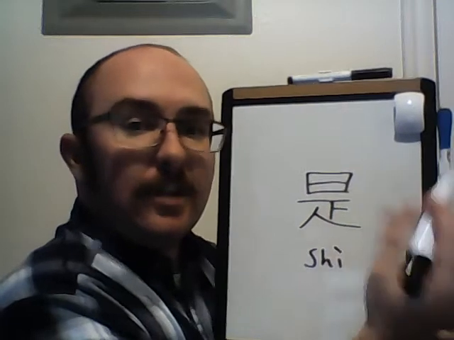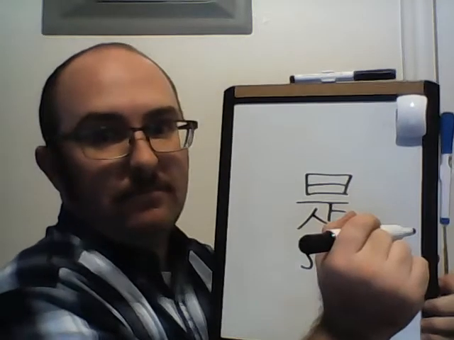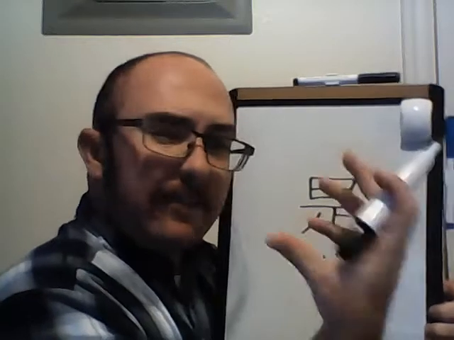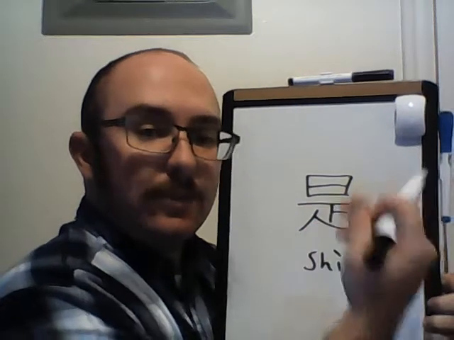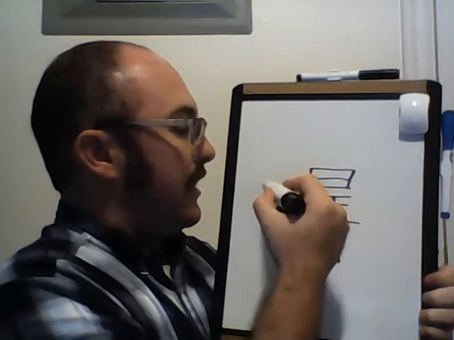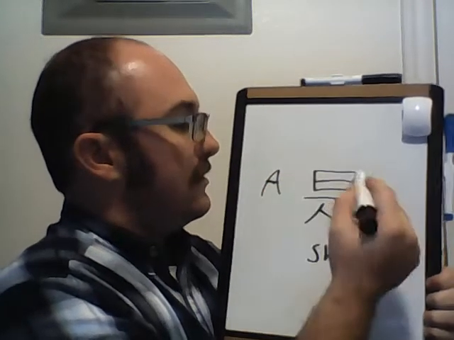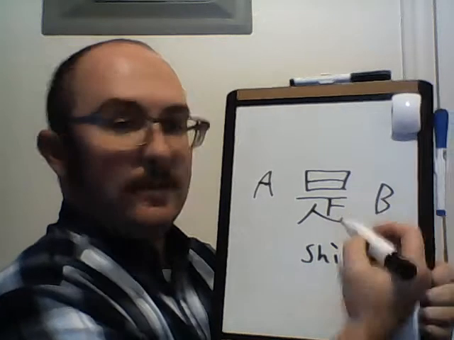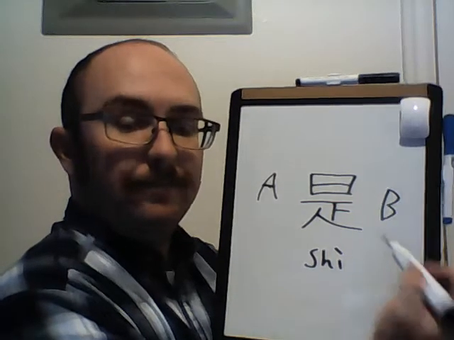Like nothing else is tall because he is. Like he is the definition of tall. It's not even a figurative idea. It's literally what you're saying. If A is exactly equal to B is kind of what that means when you're using it as that to be verb.